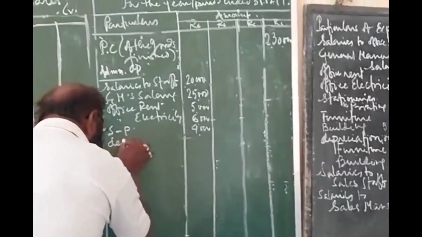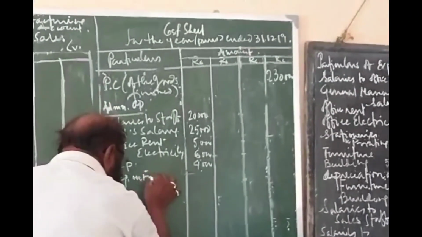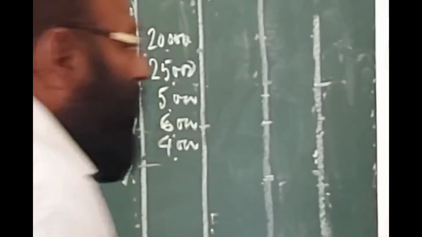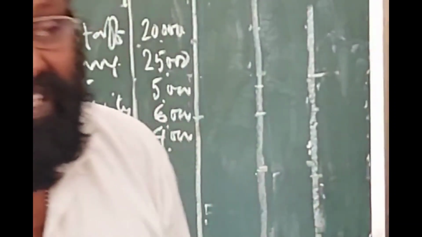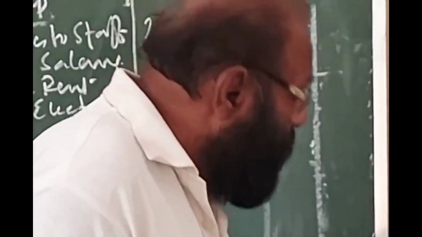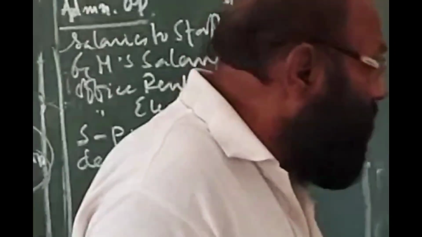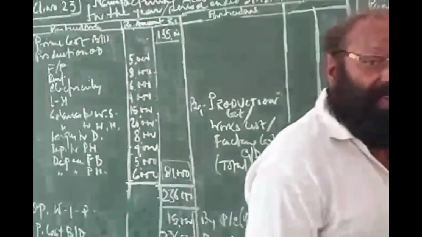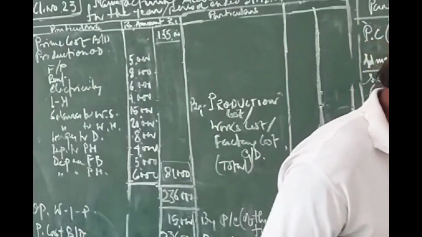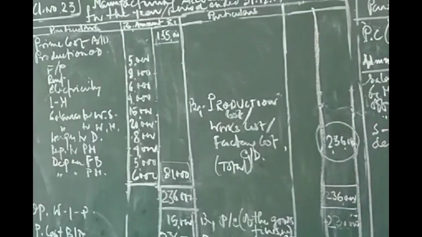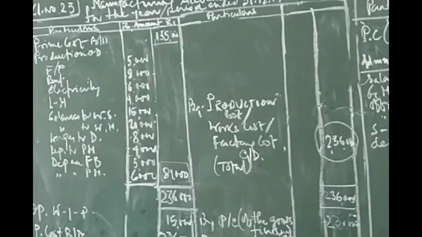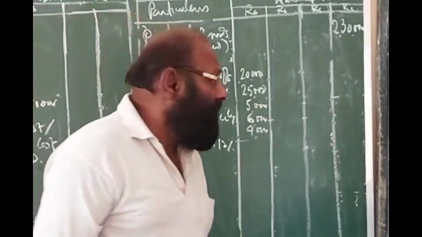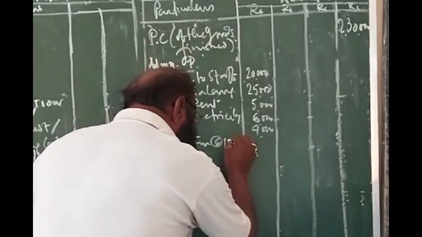Okay. So I am writing over here depreciation on furniture at the rate of 10%. So what is the value of furniture? The value of furniture is 50,000, the furniture which is being used in the organization, administrative organ. So depreciation on furniture at 10% should be how much?